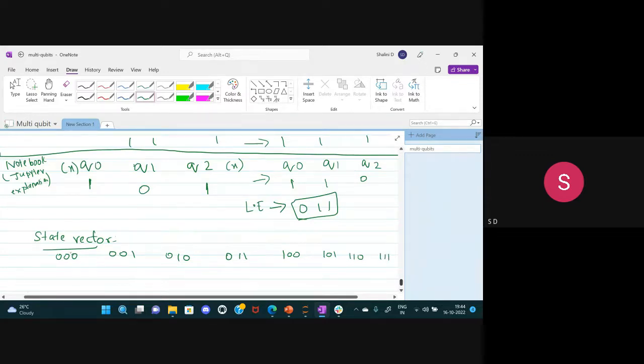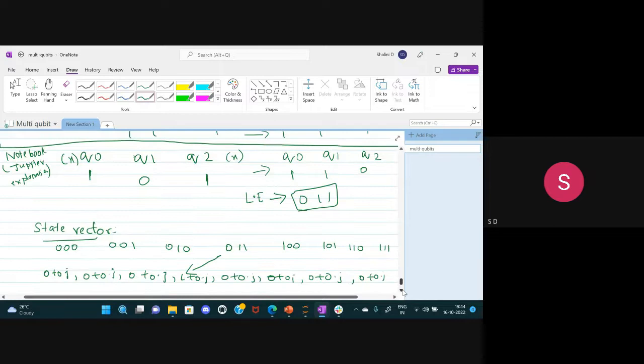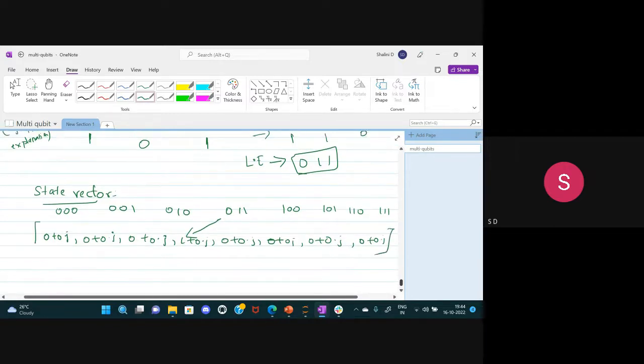So for this, it is 0 plus 0 into j, comma, and 0 0 1 is also 0 plus 0 into j, comma, 0 1 0 is also 0 plus 0 into j. This one is 1 plus 0 into j, comma, 0 plus 0 into j, comma, 0 plus 0 into j, comma, 0 plus 0 into j, comma, 0 plus 0 into j. So this is our state vector.